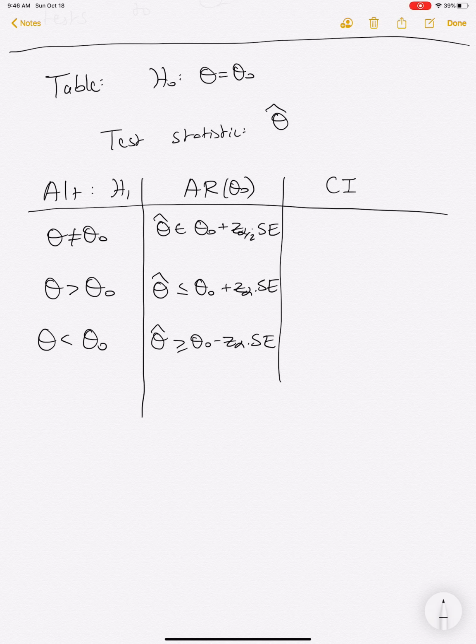Then similarly, for each of these acceptance regions, you can also get a confidence interval, which says that theta is in some interval, and remember the difference here is that theta lies in an interval that's data dependent.